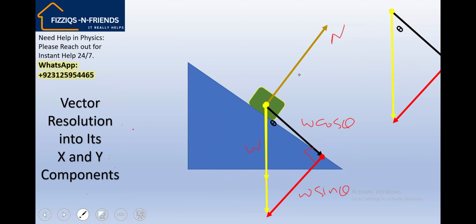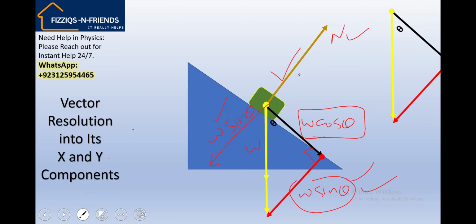So it means the component which is bringing the block down is actually the X component of weight, which is W cos theta. And what about this W sine theta? What is this force doing? If you take a look, N is exactly opposite to W sine theta. So I can draw this W sine theta here as well, right? So W sine theta is actually canceling out the normal force.